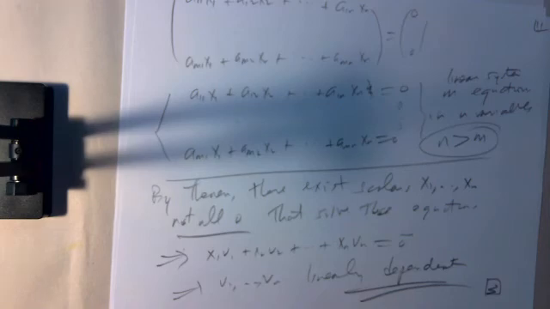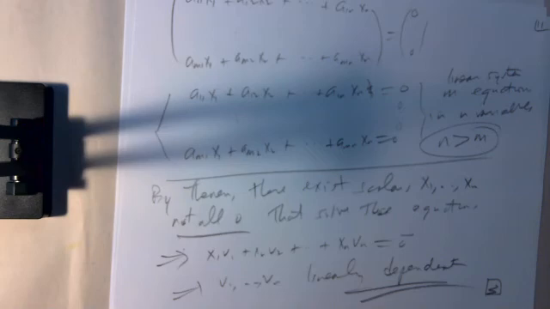If you take all of the scalars equal to 0, you will always get the 0 vector. The question is whether there's any other choice of scalars. If there's some other choice of scalars, not all 0, that gives the 0 vector, the vectors are called linearly dependent. And if not, they're linearly independent.